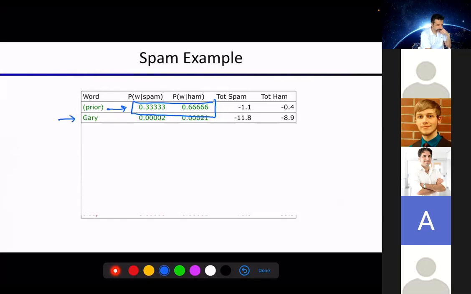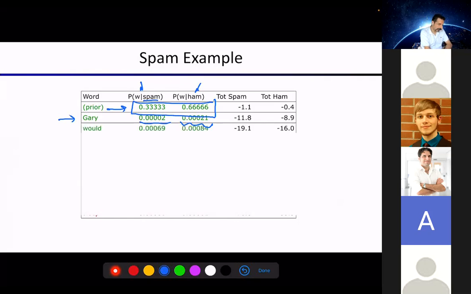So this means that the probability of Gary, if this is a spam, is this probable, and is a lot more probable if this is a ham, because it's a particular name and it is your name. Given that we only saw one word, Gary, this is what the model thinks. The model thinks that this is a ham.